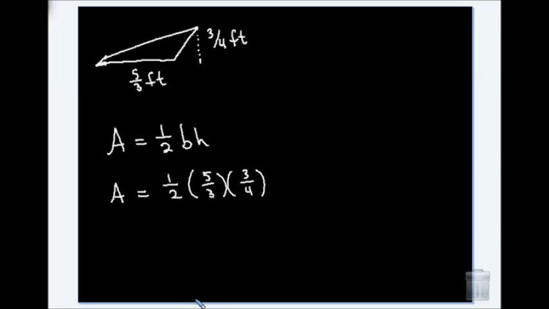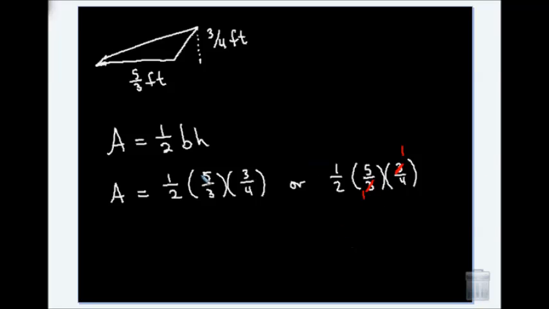So I'm gonna look at 1/2 and 5/3. Nothing is gonna cross cancel here. And if I look at 5/3 and 3/4, my 3's can cancel, right? Cross cancel? If we like cross canceling, we can cross cancel those. They both divide by 3.